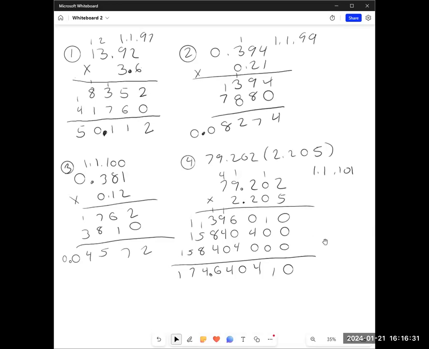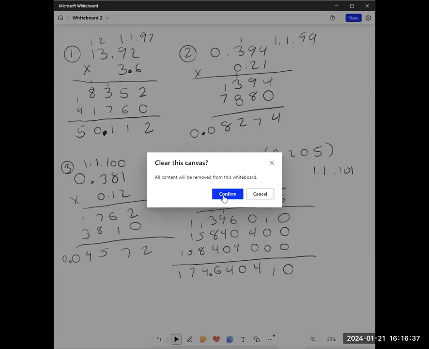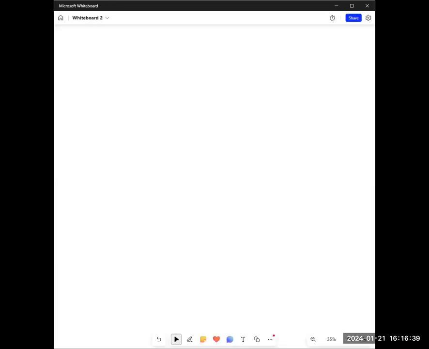I'm going to go ahead and clear my canvas to make room for my last couple of problems here. Number 5 tells me to multiply as indicated, 9.8044. And it uses a multiplication dot. My whiteboard doesn't like to draw a multiplication dot. That's okay.